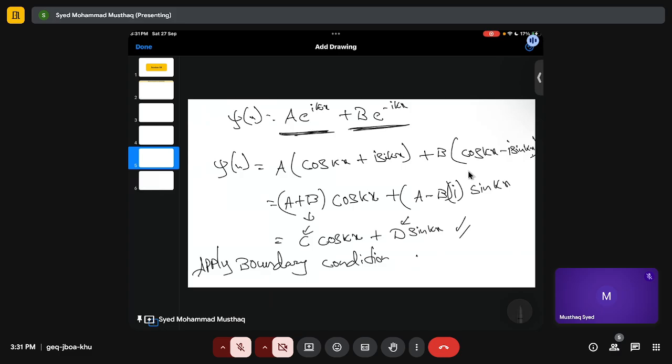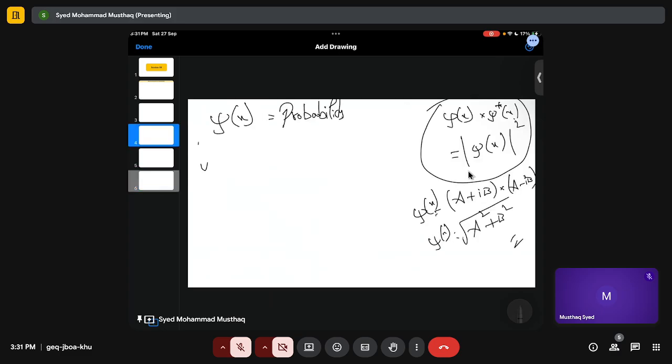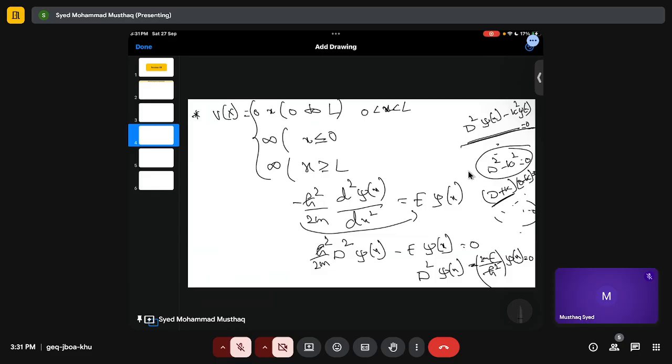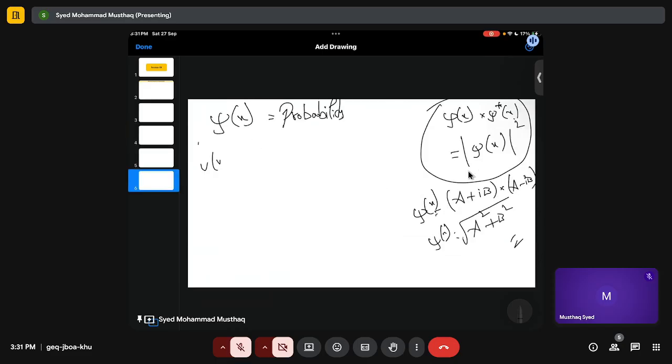Let's do the boundary conditions. Yeah. So V of x, the potential, will be 0 for x equals 0. Let's say if I am at x tending to 0, then my V of x is 0. Okay.